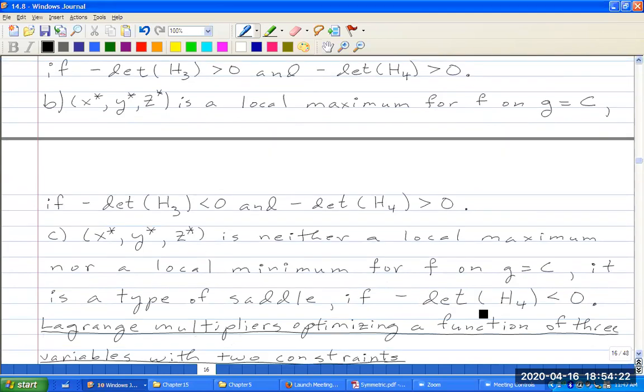And X star, Y star, Z star is neither a local maximum nor a local minimum for F on G equaling C, it is a type of saddle, if minus the determinant of H sub 4 is less than 0.